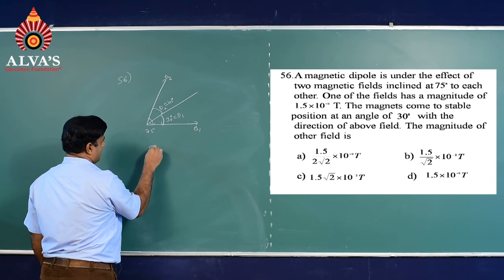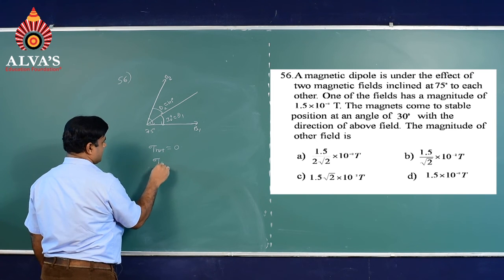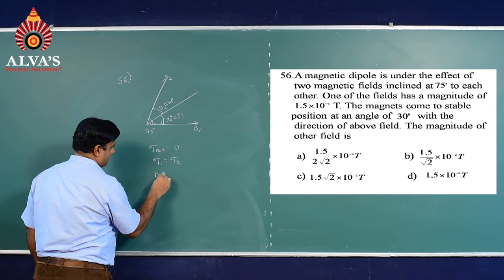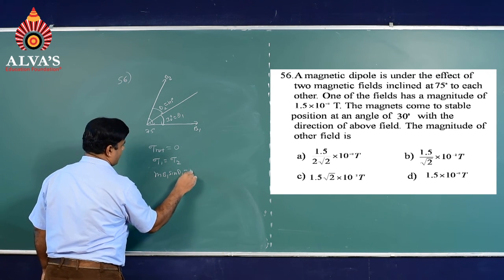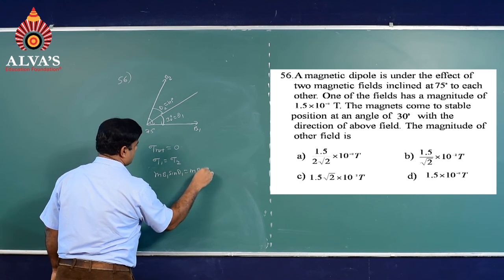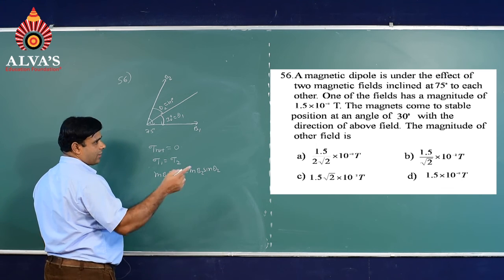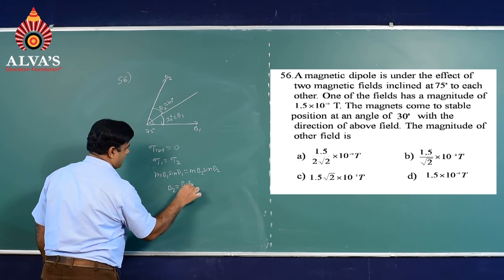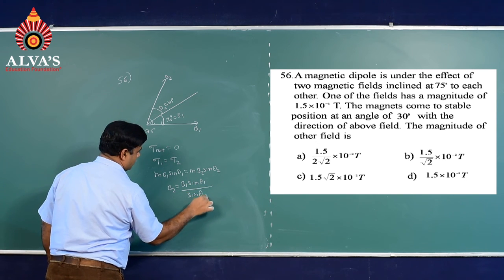For equilibrium, the net torque should be 0, which implies tau 1 equals tau 2, which is m B1 sin theta 1 equal to m B2 sin theta 2, same magnet, m constant. So, you have to calculate the value of the other field, B2 equals B1 sin theta 1 by sin theta 2.